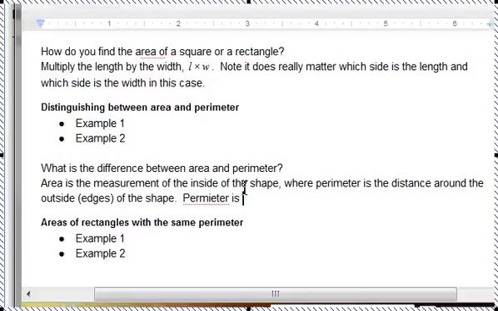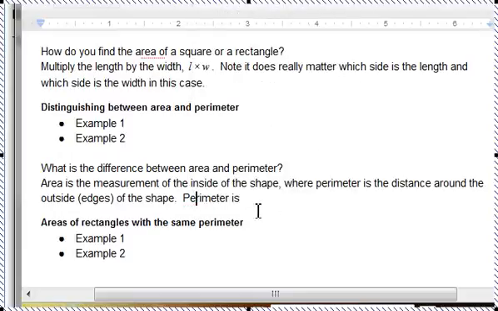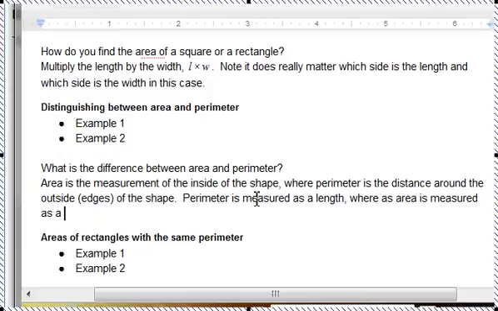Perimeter is measured as a length. Exactly. Whereas area is measured as a length squared.